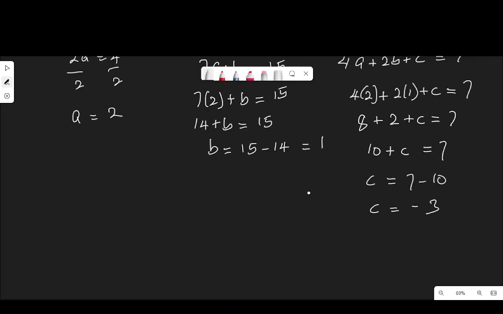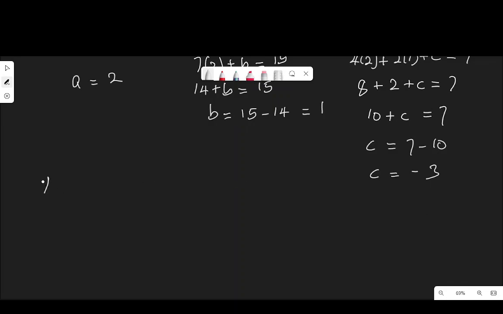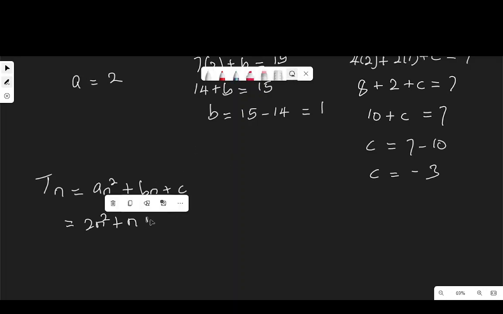So now that we know the value of a, b, and c, remember that Tn is equal to an squared plus bn plus c. A is 2, so 2 times n squared. B is 1, so I have 1 times n is n, and c is minus 3. Tn is equal to that, and that is the nth term of this sequence.